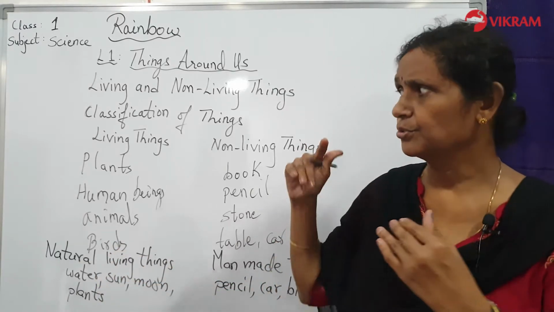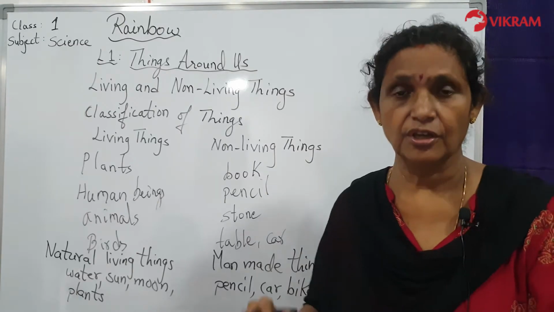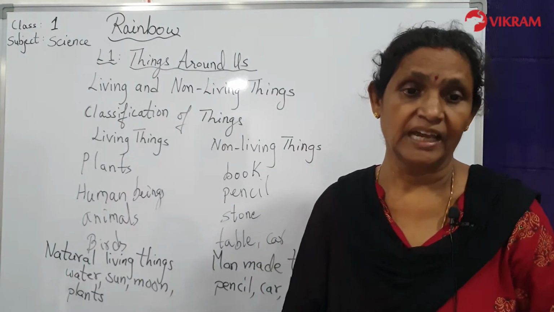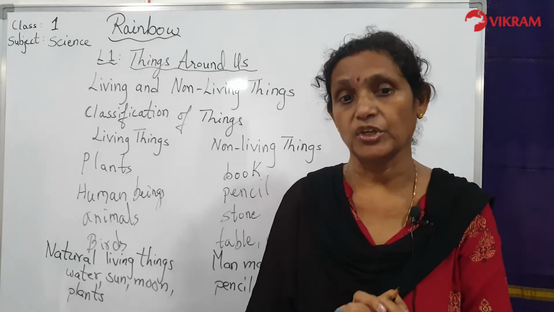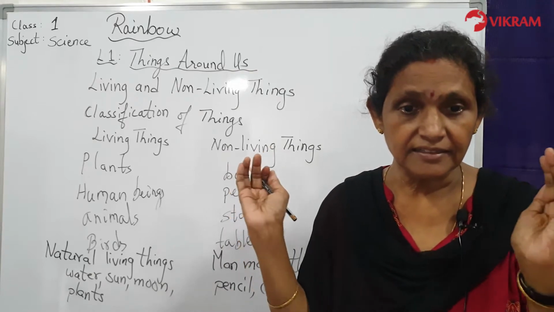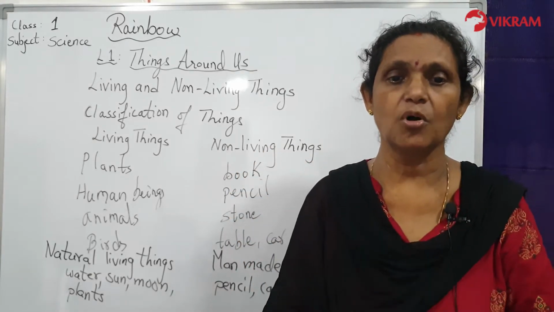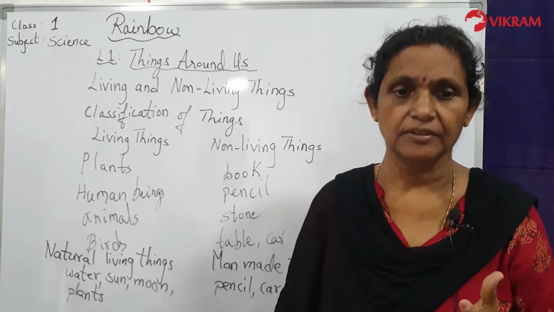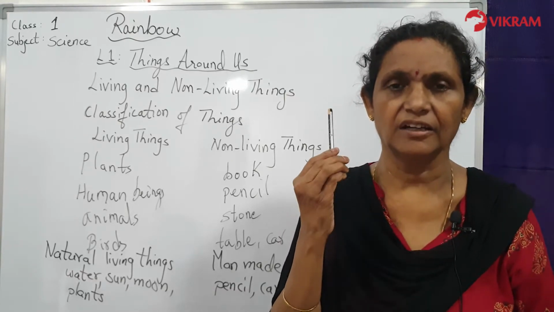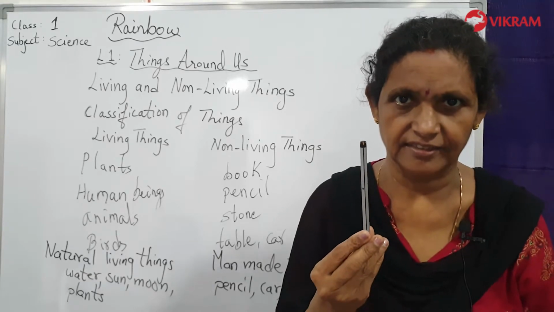Now, after you see these pictures again, go through the whole lesson again, understand one more time and see if you can answer the questions at the end of the lesson. Before we complete, let us understand the small things by giving small examples. Fan, table, car, book, pen, pencil are all non-living things.